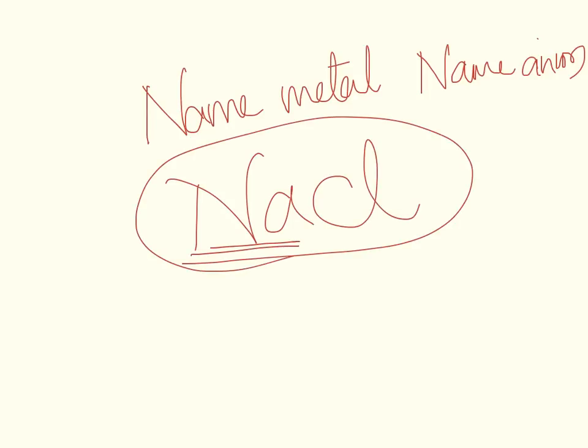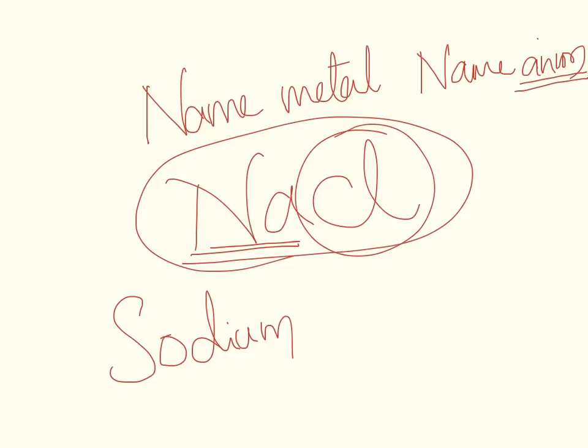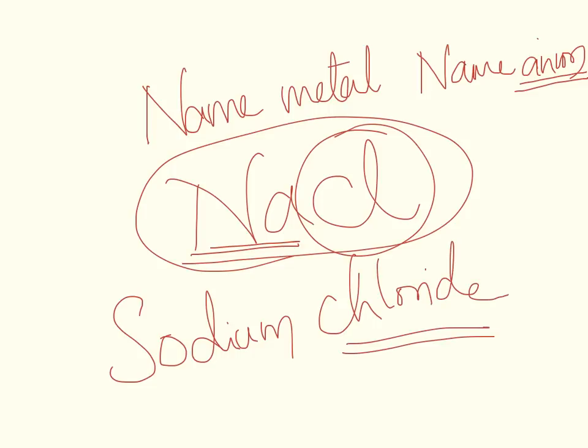So this is a metal and it forms only one type of ion. If you remember, sodium belongs to first group, so it forms only +1 ion. So how do you write the name? Name of the metal, sodium, followed by name of the anion. Remember, we say name of the anion and not the name of the element. So this is chlorine, so the name of the ion is chloride, followed by name of the ion.